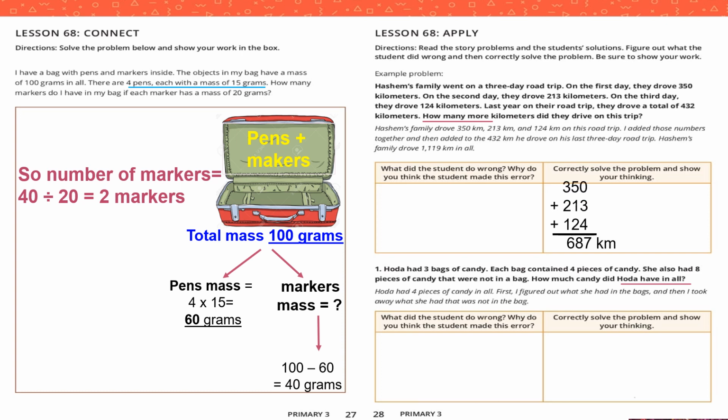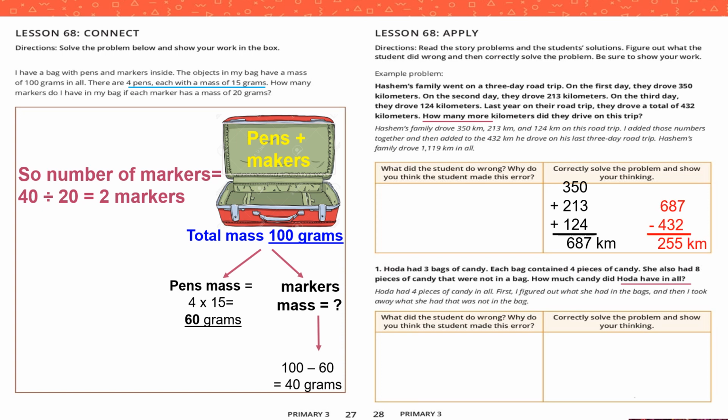So I will add the kilometers for first day and second day and third day, all of them equals 687 kilometers. To know the difference between this trip and last year's trip, I should subtract.